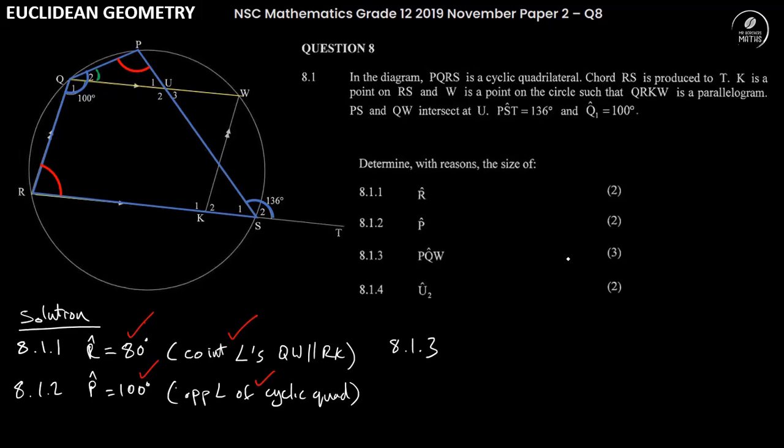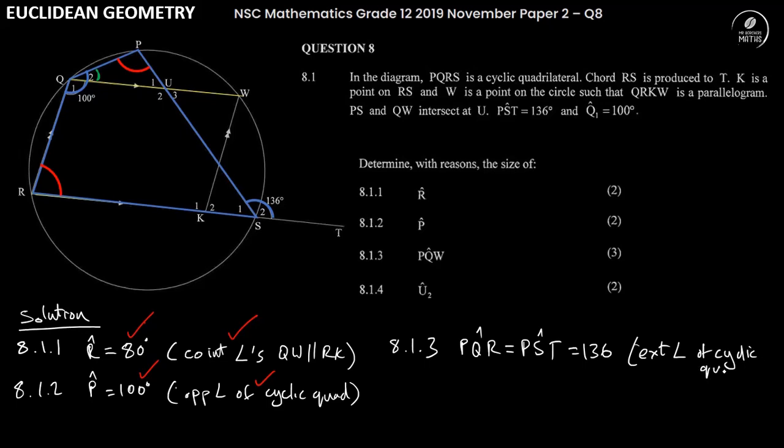So for 8.1.3, it's now worth 3 marks. First of all, we'd say that angle PQR is equal to angle PST, which is equal to 136, because it forms the exterior angle of a cyclic quad.